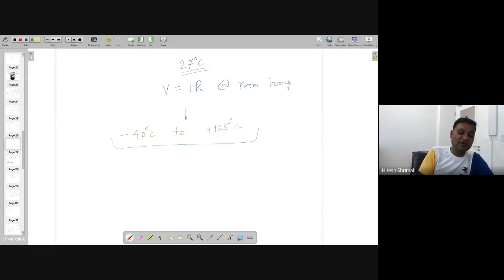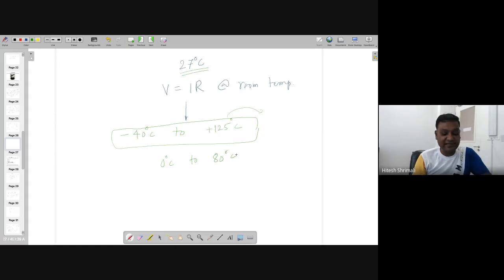If you go beyond this, it will be melted, and below this also it's not going to work. So generally, this is the range for every consumer electronics, and every electronics has been tested from minus 40 degree to plus 125 degree, or maybe some subset of this range. Some are doing from 0 degree centigrade to 80 degree centigrade. It depends on their application.